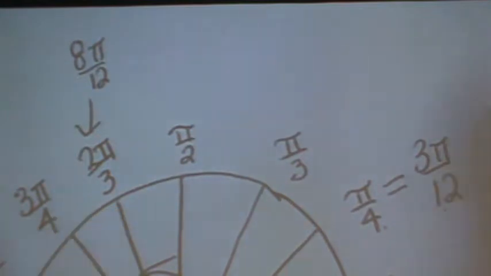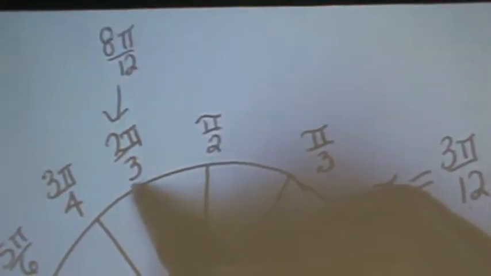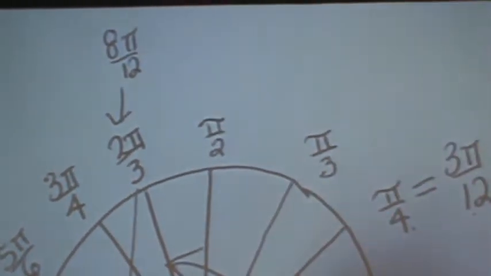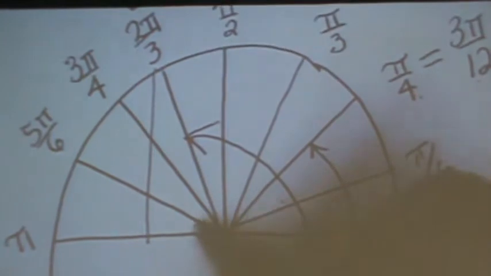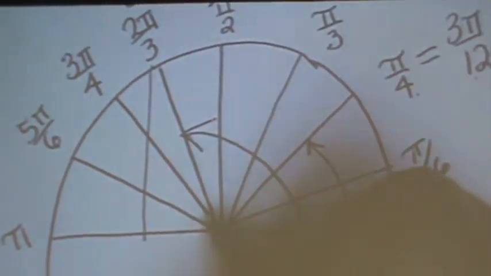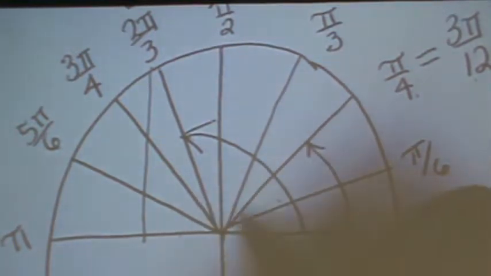Okay, so now what we do is we use our reference angle. This is a 60-degree angle right here, from here to here. That's 60. So you're going to use the ratio of a 60-degree angle, but you have to remember tangent, what the signs are.